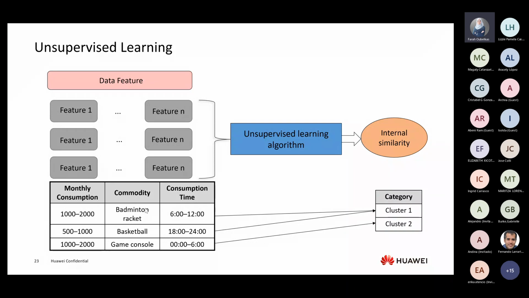For example, similar in their purchasing habits, or similar in loving both football or loving both basketball, etc. So this is actually what the unsupervised learning algorithm is based on. It is based on similarity.